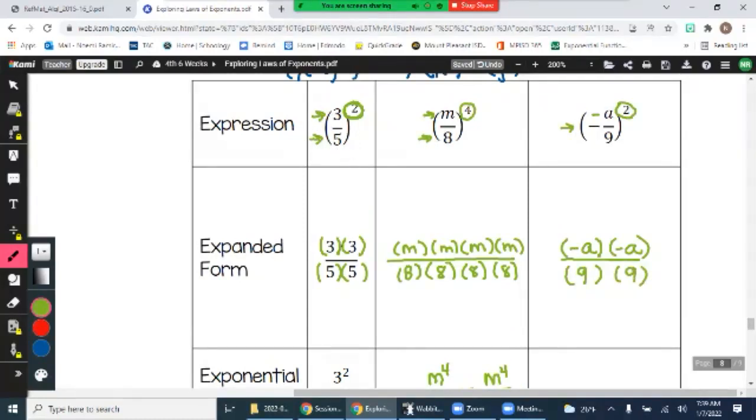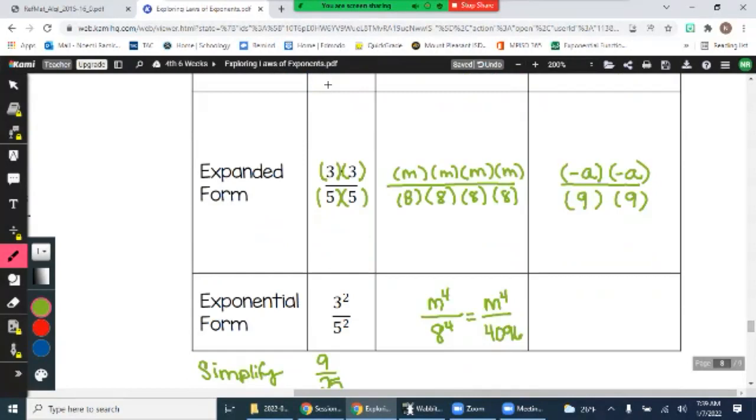Now we have two A's, but then also think about this. We are multiplying two negatives, so you cannot type this into the calculator to see if the calculator is going to remove the negative or not.